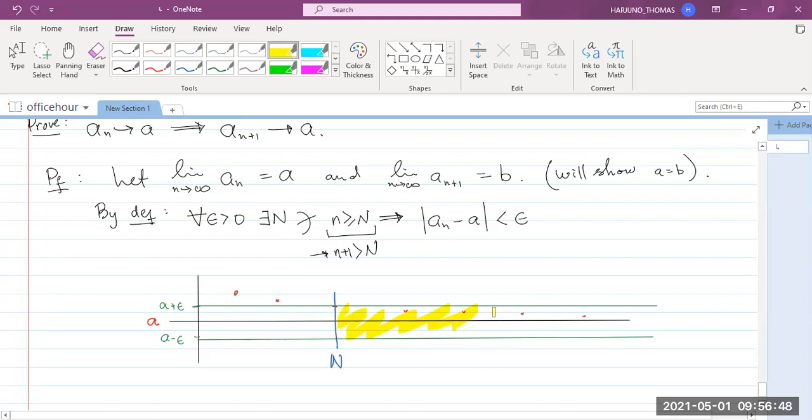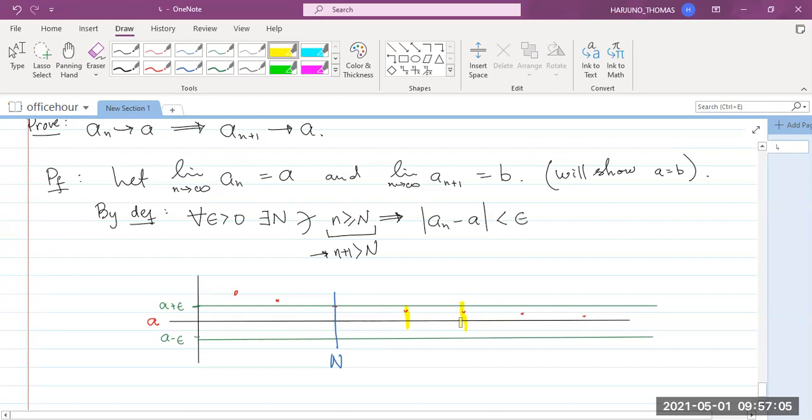In other words, the distance from the limit is less than epsilon. So if the lowercase n term, let's say this term, is already in that strip, then the next term must also be in that strip. Right?